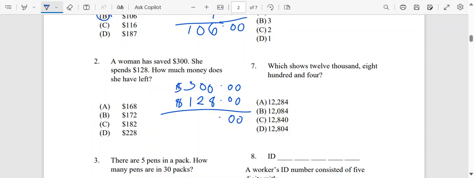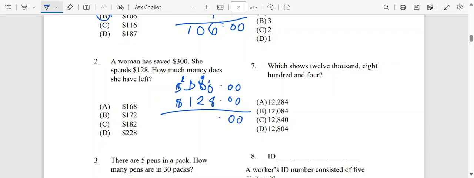We know that we can't take anything from the 8, and we can't take anything from the 0. And for the 2, we can't take anything from the 0. So we have to do some regrouping. And of course, this is how we go ahead and do it.